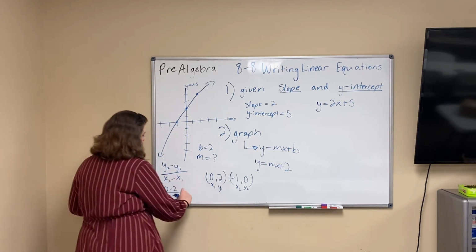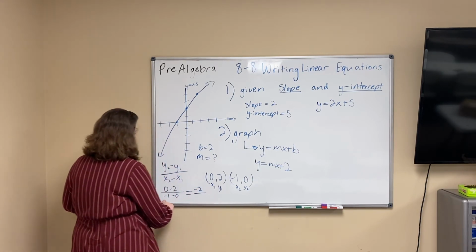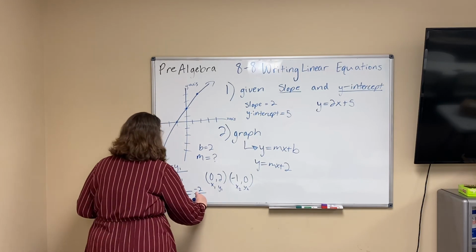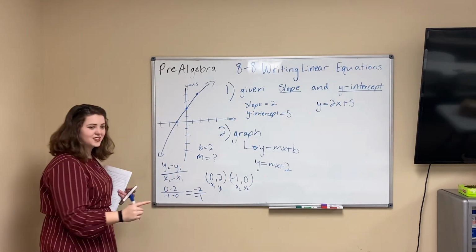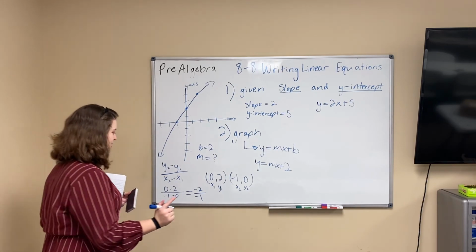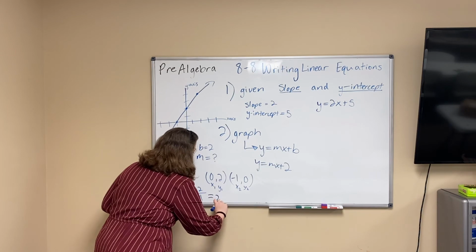When we do that, we get -2 over -1. Now you guys better remember, 2 negatives, what's that going to equal? It's going to equal a positive. So -2 divided by -1 just equals 2.